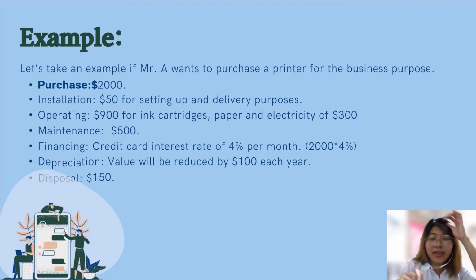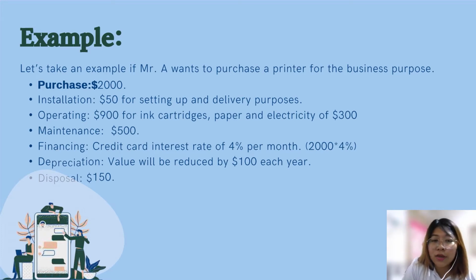So we have here an example, and we have Mr. A, who wants to purchase a printer for his business purposes. The printer costs $2,000, and we all know that a printer needs more equipment and maintenance for it to function and to last. For the installation and delivery, it costs $50, an estimated $900 for ink and paper, $300 for electricity, and maintenance for around $500.